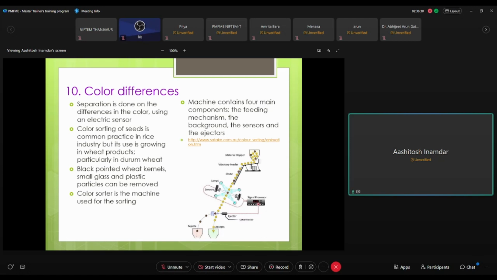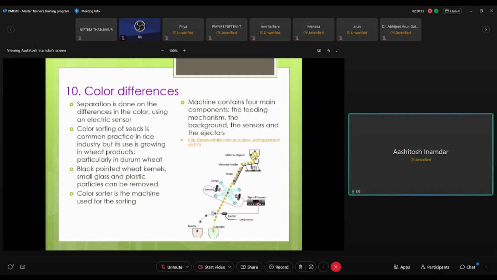So this is the way all the cleaning machineries are designed in any grain processing industry. These are the basic principles on which any of your cleaning machinery is designed. You have to take use of, let's say, in terms of sieve, the size of the grain which you are processing.